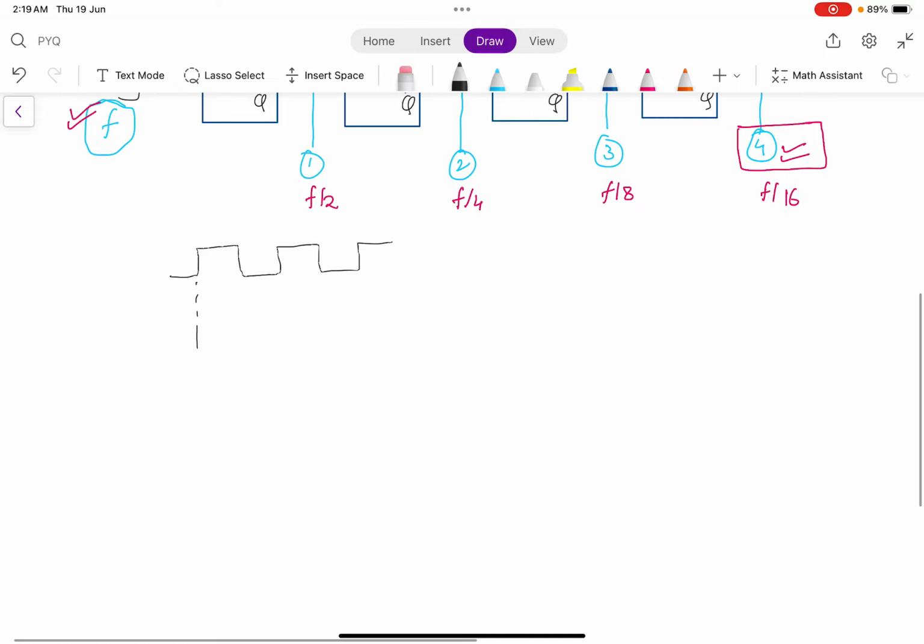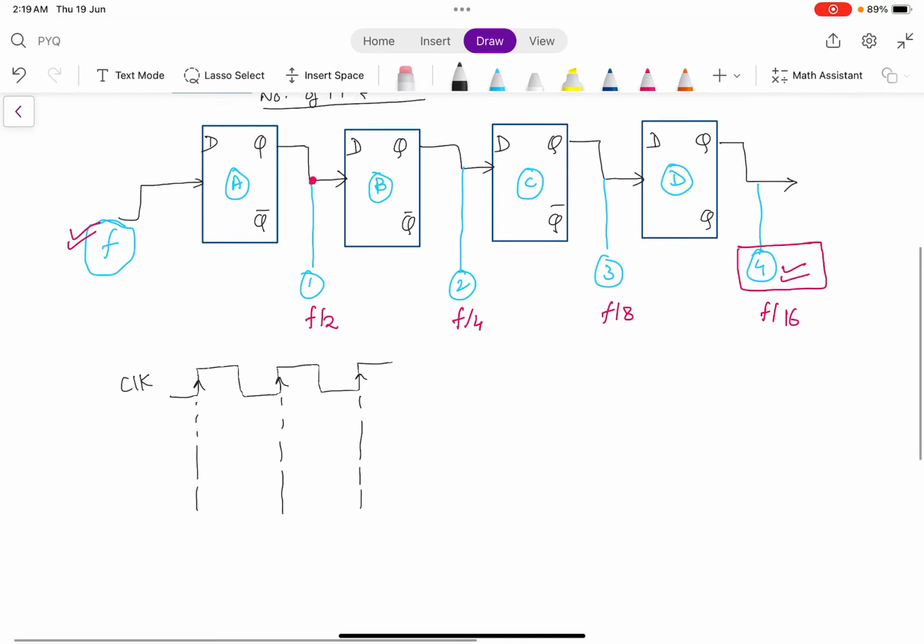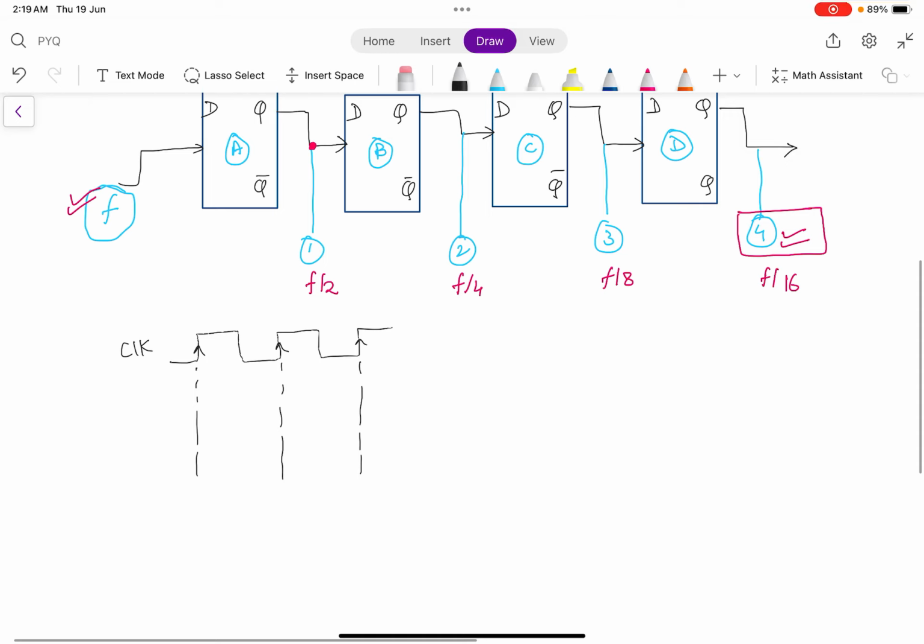So if you consider a positive edge triggered flip-flop, this is your clock. At the positive edge this flip-flop works and this goes high and it will remain high, then this goes low, and now this becomes the frequency. If it has f frequency of clock, then this becomes f by 2, which is suggested here.